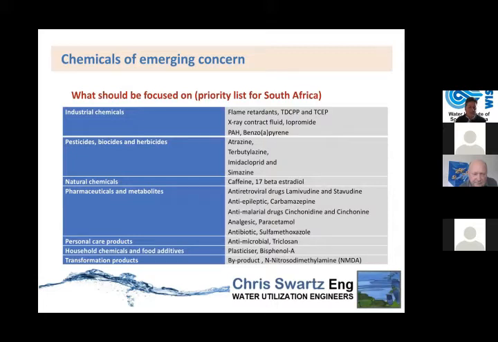We identified a priority group of 10 of these, trying to cover all the main groupings, which you see on the left-hand column in the blue. These will be industrial chemicals, pesticides, and so on. So in the right-hand side, there are names that would look familiar to you: atrazine, simazine. There's a number of the antiretrovirals as well, anti-epileptics, antibiotics, and so on.